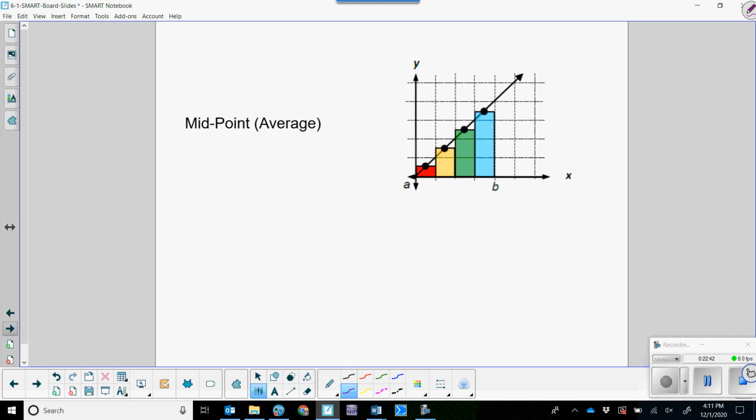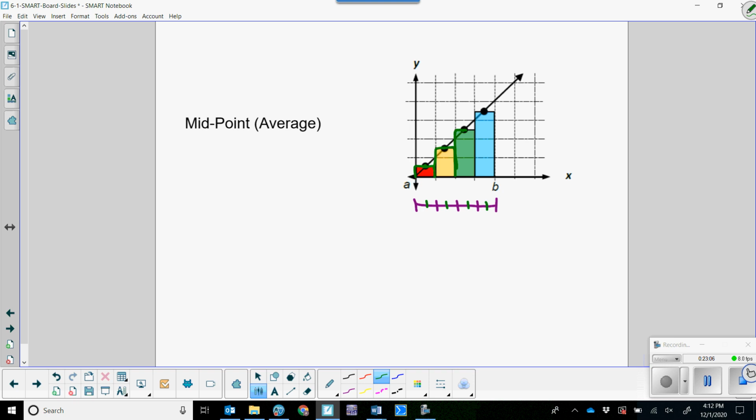We can also do something called a midpoint approximation. So again, we have our same interval. We're going to divide into 4 rectangles, but instead of using one of the ends, we're simply going to use the midpoint. So I'm going to take the midpoint of the interval, go to the function, and then draw my rectangle. And I just keep doing that.